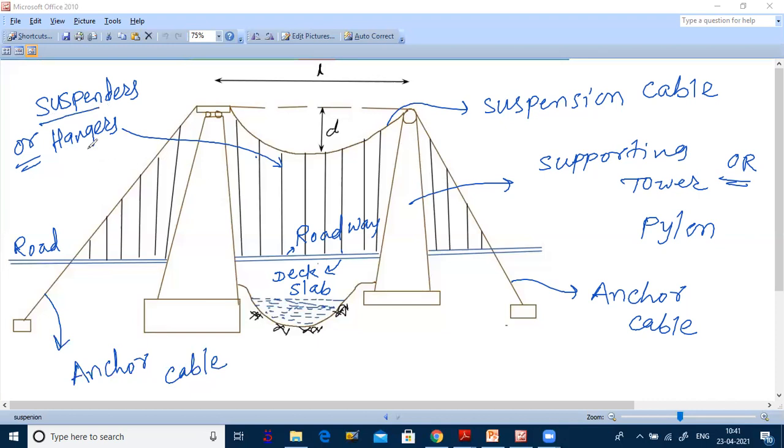As I told, suspenders or the hangers are closely spaced. If you see this deck slab at the bottom and there is a curve, the suspenders are placed at a suitable spacing. So the load is in terms of the UDL on that particular road, right?